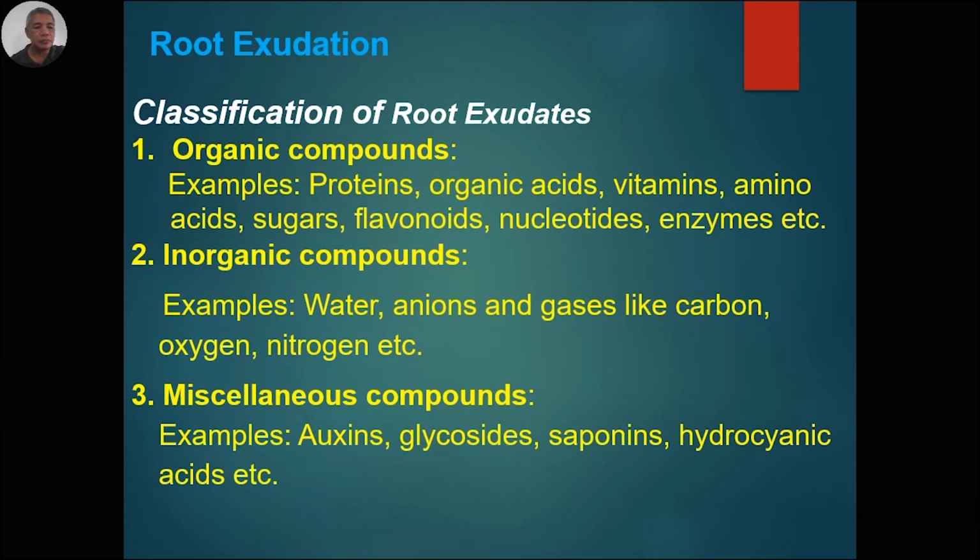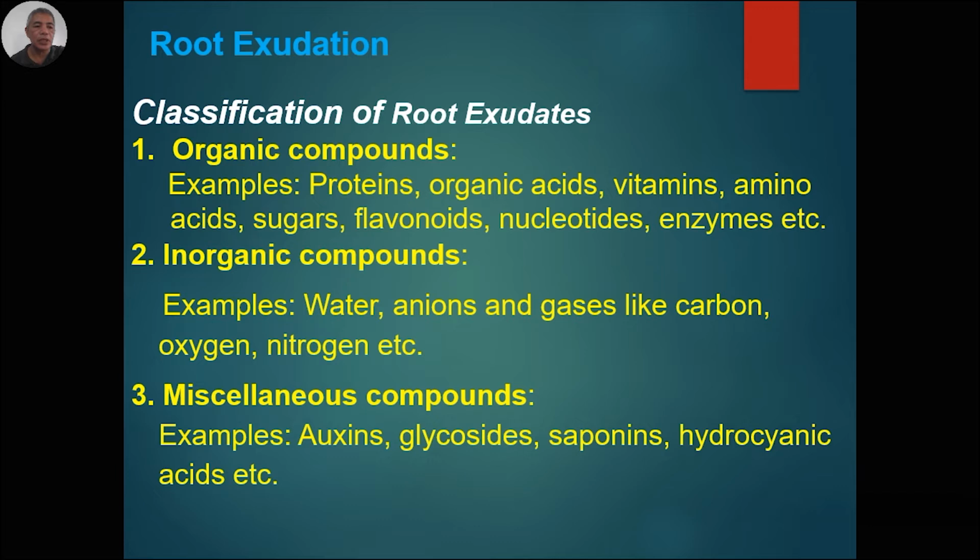There are classifications of root exudates. We have the organic compounds. Examples, we have protein, organic acids, vitamins, amino acids, sugar, flavonoids, nucleotides, enzymes, and others. And the second is inorganic compounds.